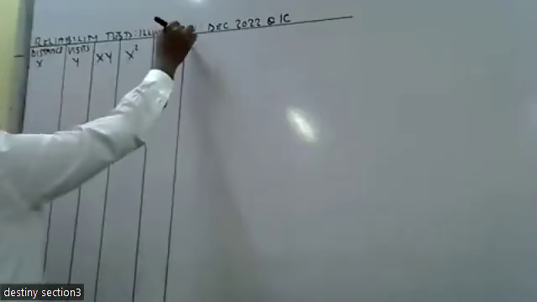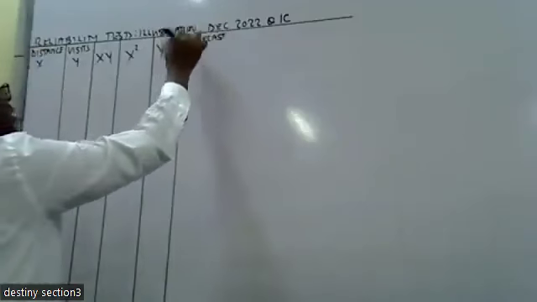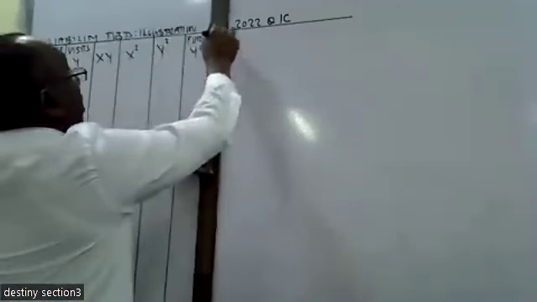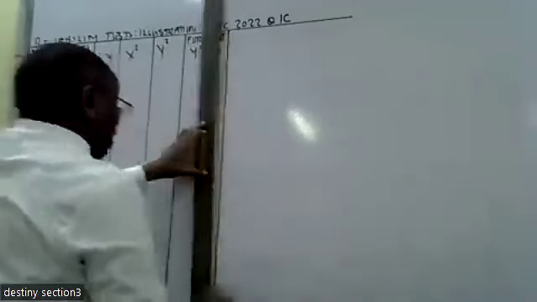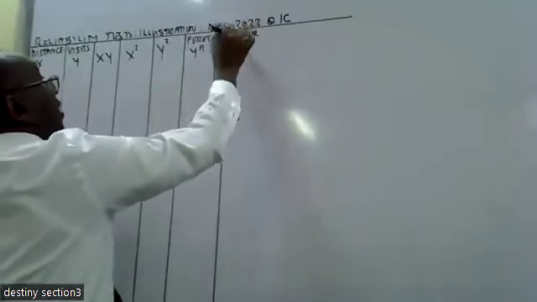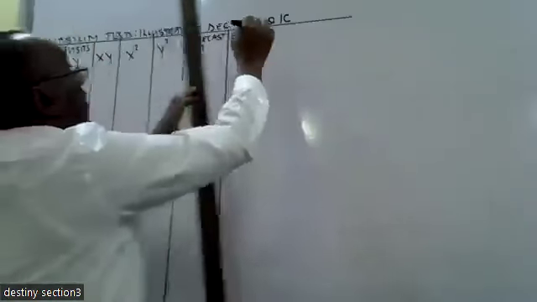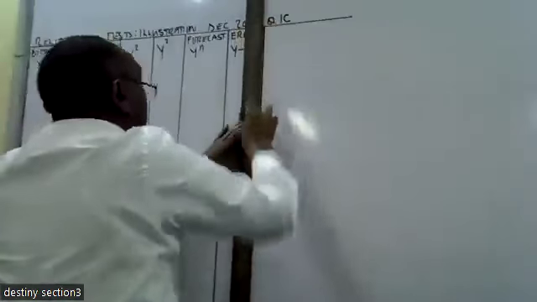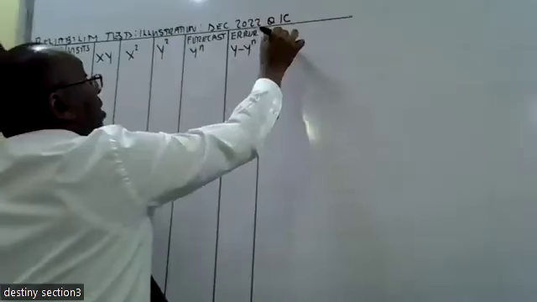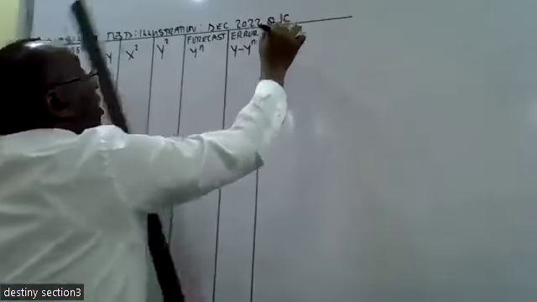Then I will have forecasts. This is y predicted, y hat. Then another column called error, and this is y minus y predicted. Then another column where y minus y predicted is squared.